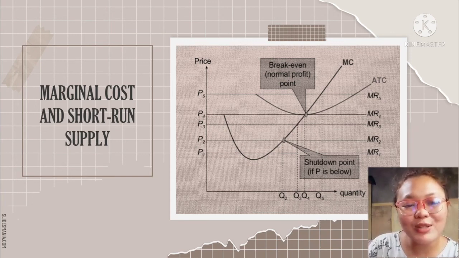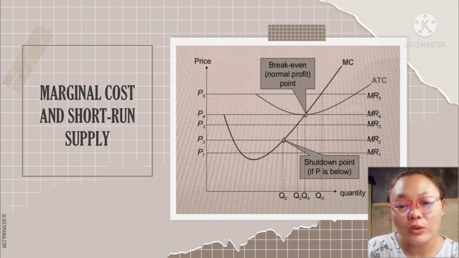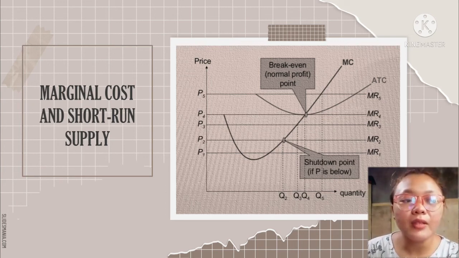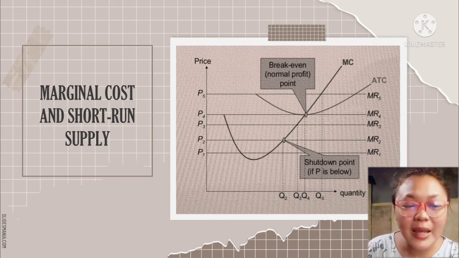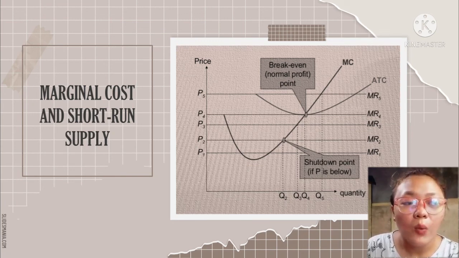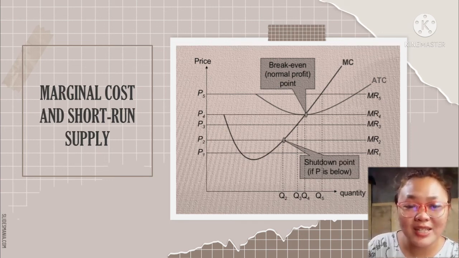The inverse is also true: if market prices go down, production goes down. The same type of relationship can also be seen when examining marginal cost, though for different reasons.